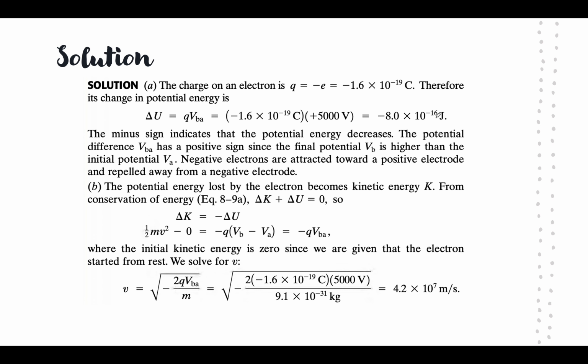Negative 8 times 10 to the negative 16 joules, which means that the change in kinetic energy is equal to the change in potential energy. So 1/2 mv squared is equal to 8 times 10 to the negative 16 joules. Solve, and we get this velocity right here.